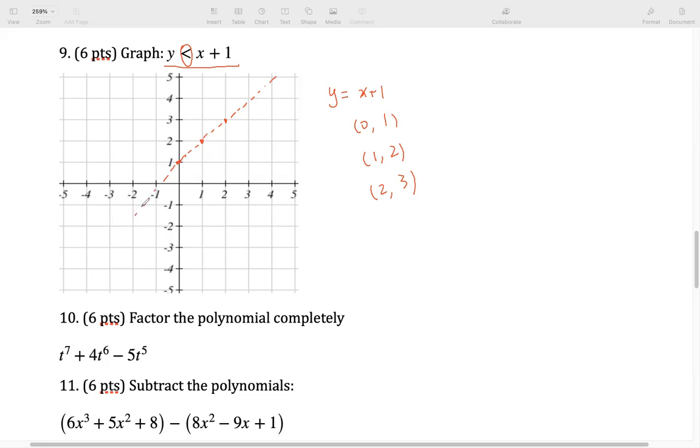Just imagine this is a perfect straight line, right? I won't be able to do that. So now it's less than, so shade it below, right? All this.